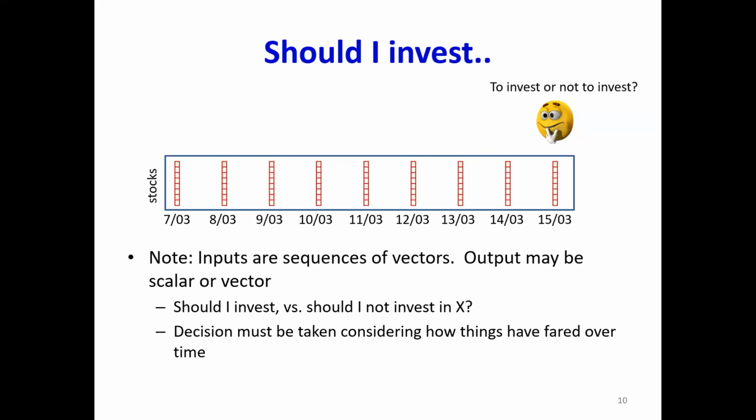And the output is going to be a scalar, which is a predicted stock value for a specific stock, or a vector where you're making predictions about a whole collection of stocks. Regardless, the point is, in order to make the prediction on any given day, you need to consider the entire past to see what the trends are. So again, this is a problem of time series analysis where you're looking at a series of inputs and you're making a prediction.